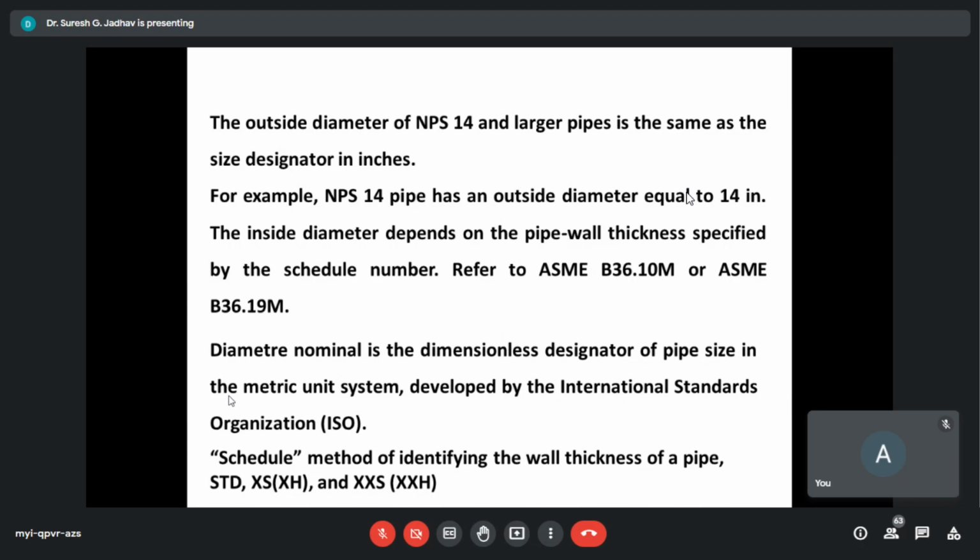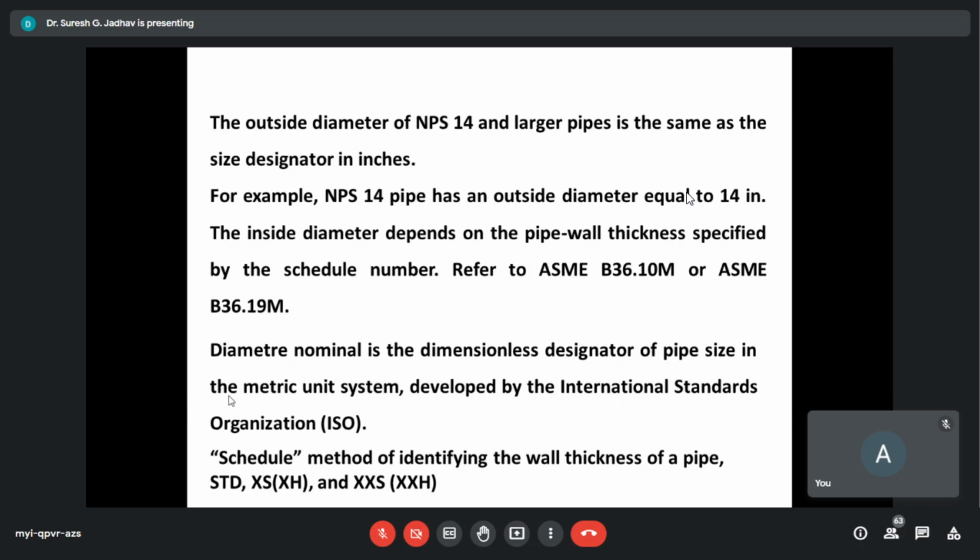So with the help of these we can identify the wall thickness of pipes, and at certain sizes there is a correlation between standard and schedule 40, XS and schedule 80, and double XH and schedule 160. But always check and never guess in the piping industries.